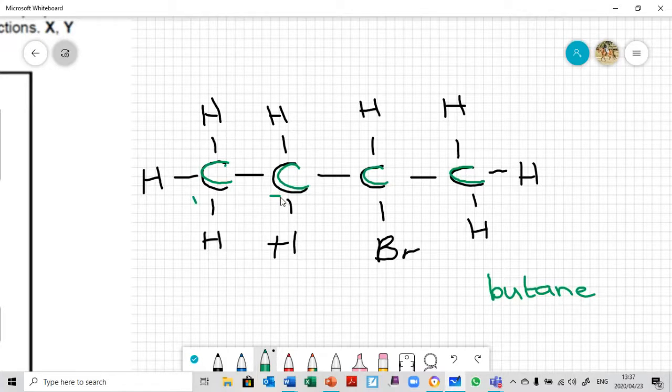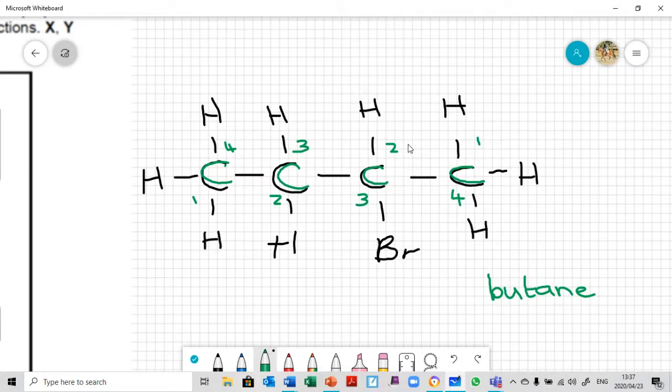If we count from right to left, then it's 1, 2, 3, and 4. So our possible names here for the front end would be 3-bromo-butane or 2-bromo-butane.